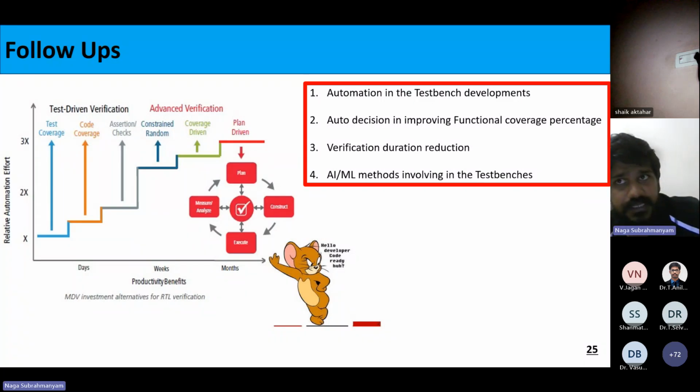Out of those 20 states, if I generate random data and only 10 states are moving, our data is not making the state machine reach the remaining states. So what is the coverage of the state machine? It is again 50% only, because out of 20 states I'm moving the state machine through 10 states only, so I'm not generating the random data effectively. I have to generate data that makes the state machine run through all 20 states.